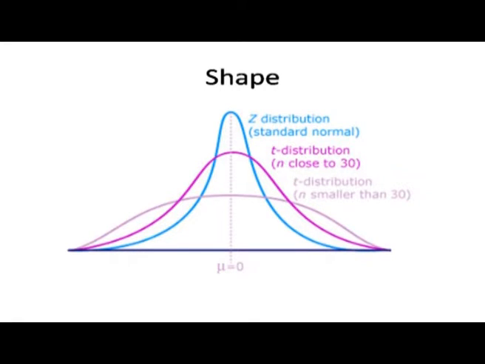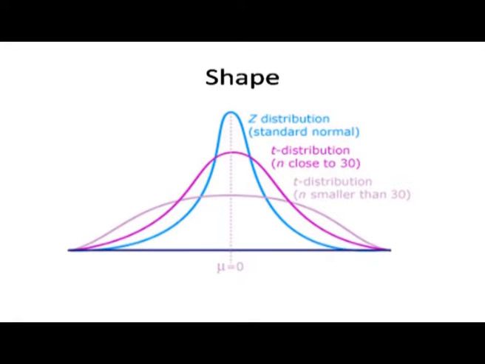For t distribution with n or sample size smaller than 30, 5, 10, 20 like that, the t distribution will look like this distribution. This is the distribution of t for n less than 30.